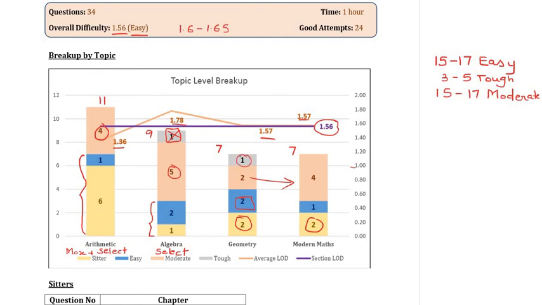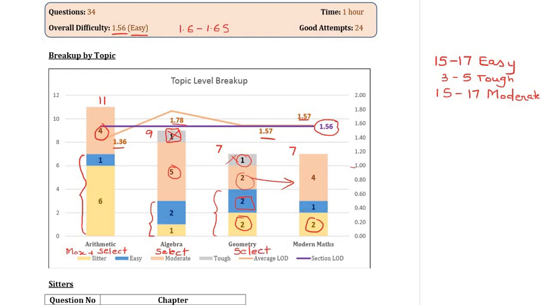So geometry is much more diverse in that sense. So here what would have happened is that you might have ended up skipping this. But among these remaining, you should have tried to attempt as many questions here. Potentially you might not have been able to do these questions. So here again question selection would be the key factor.